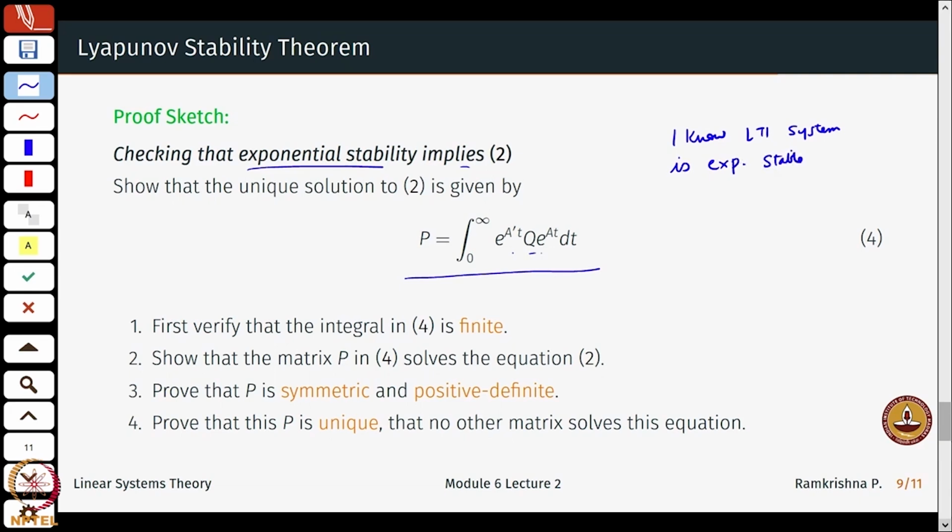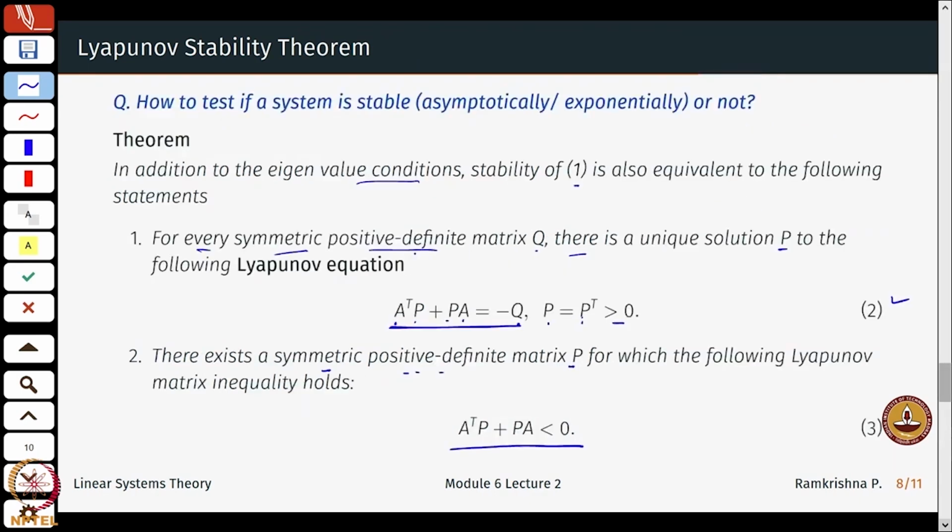First, I need to check the properties of this integral, that this integral actually converges, that it is actually finite. Second, I need to show that if the system is exponentially stable, which means e power A t converges exponentially fast and so on, then this P actually solves this equation.